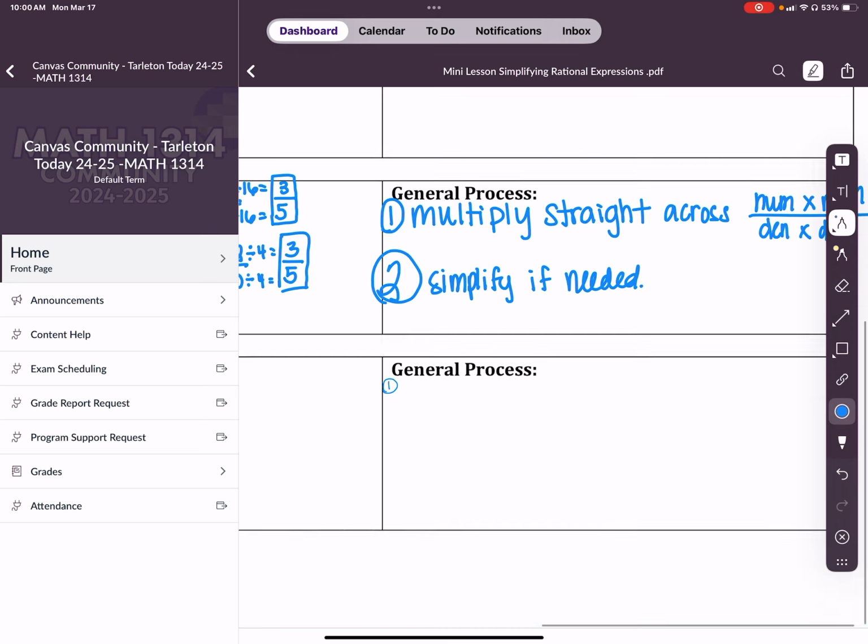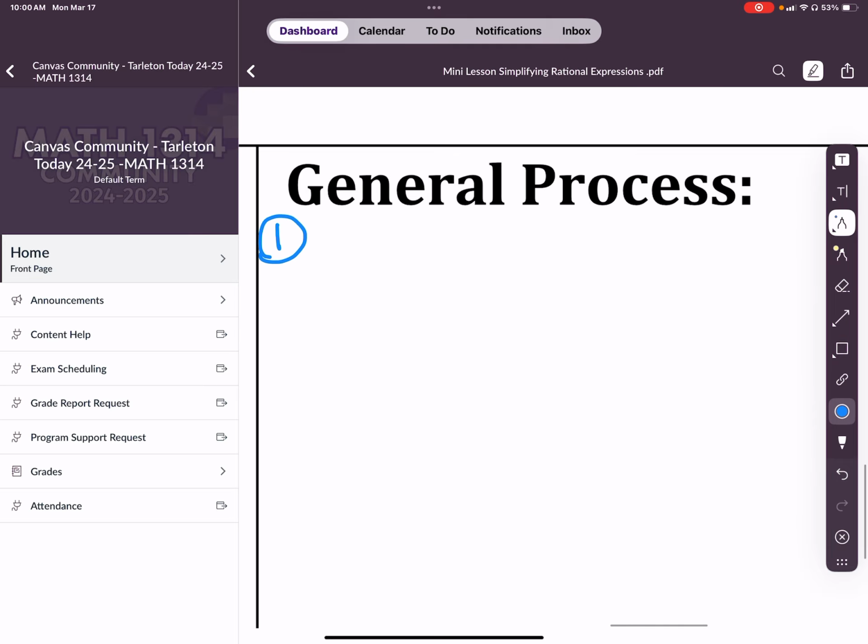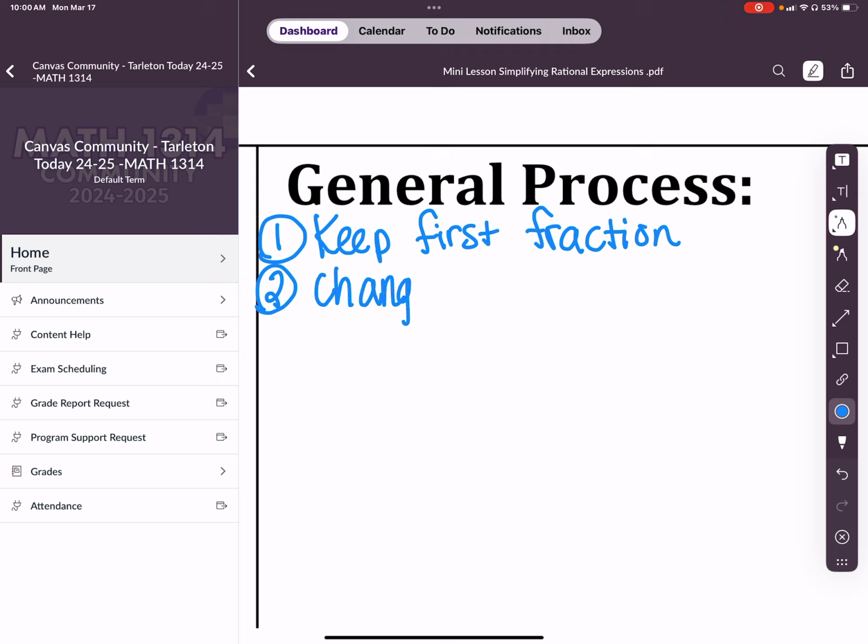Okay? All right, so general process here. First step is we're going to keep the first fraction. Second step, I will tell you there are technically 5 steps here, just so you know to not write too big, okay? But we're going to change division to multiplication.